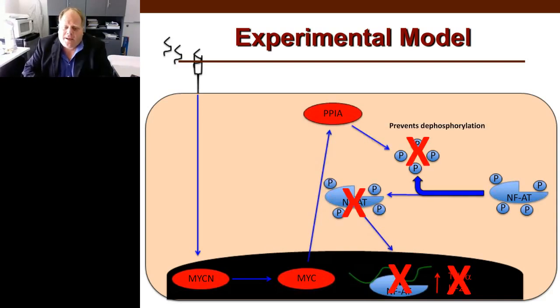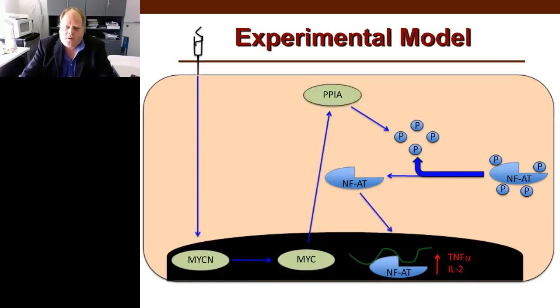And what this does is it prevents or inhibits the dephosphorylation, inhibiting translocation, and inhibiting the cytokines needed for progression to an adaptive response. Moreover, PPIA downregulates MHC class 1s. So if we give it the antagonist, we're showing that we don't get upregulation or transcription of these genes.